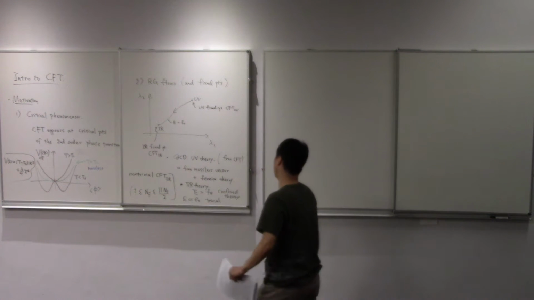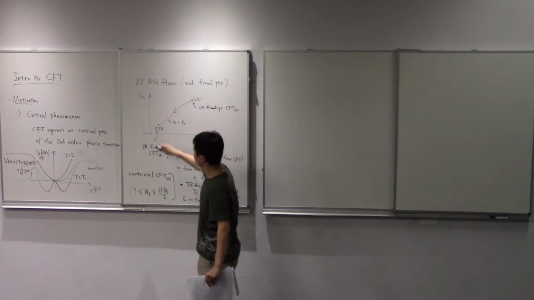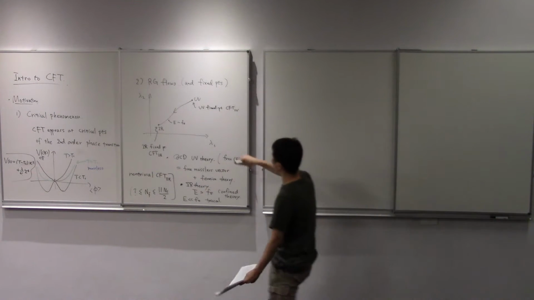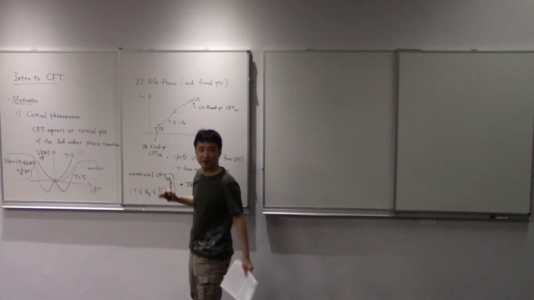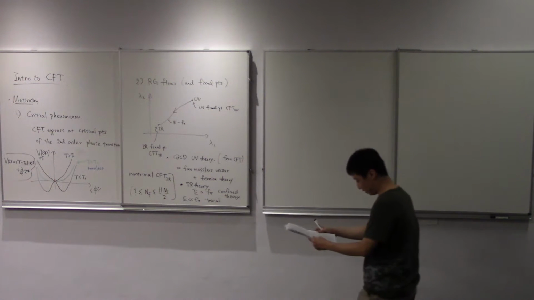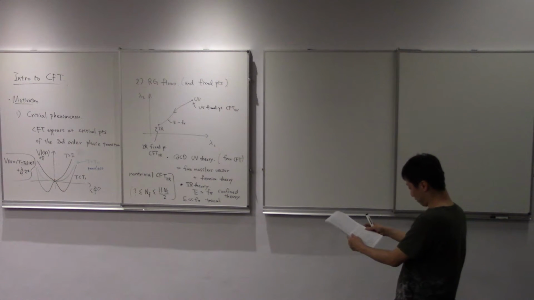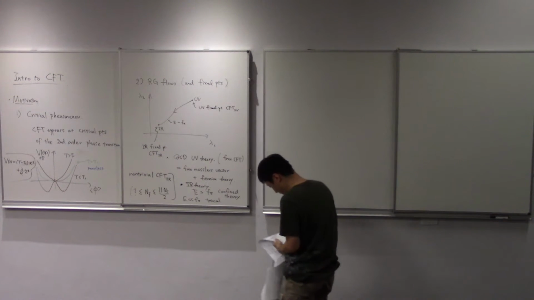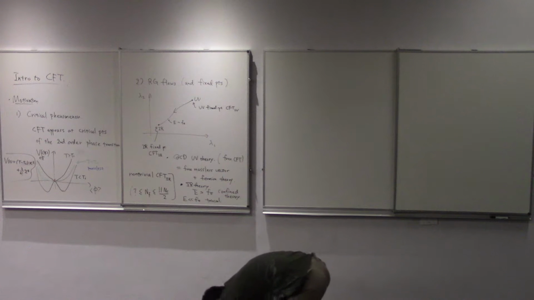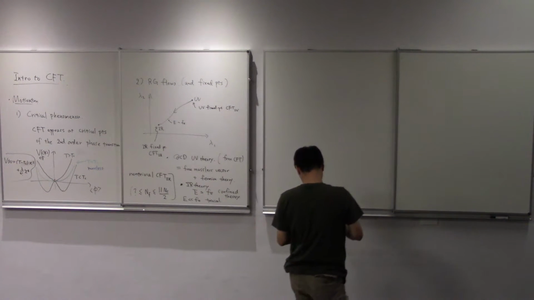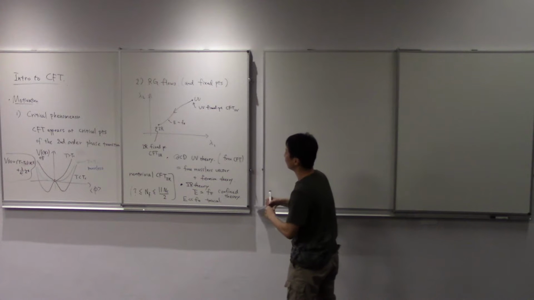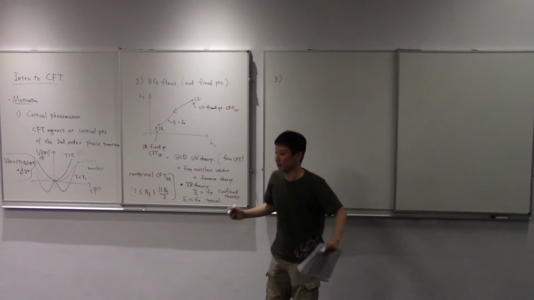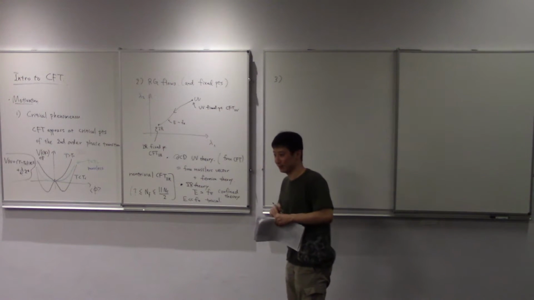So depending on the number of flavors, the dynamics changes. Okay, but that was a digression. Anyway, you can have UV and IR fixed points, and that's where conformal field theory is useful. And another example of conformal field theory, what is it? A very famous thing, maybe you know.